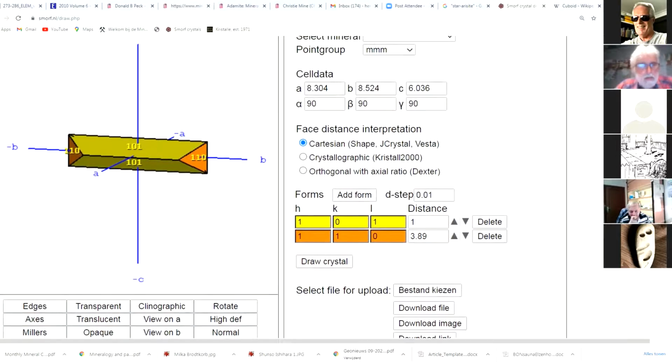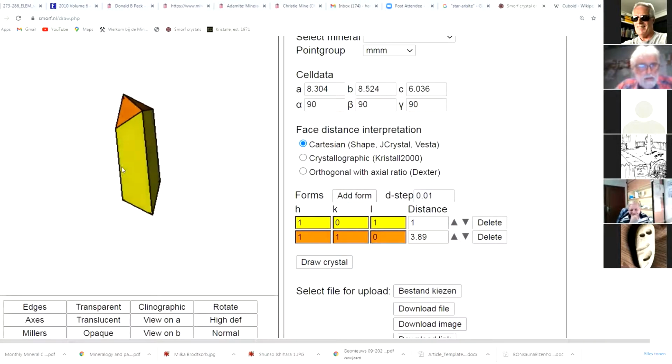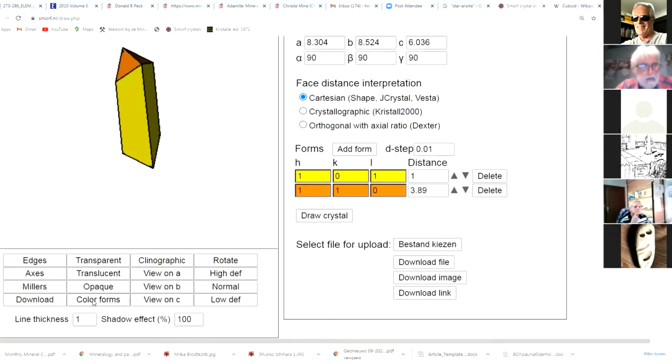Normally what I do, whenever I'm ready with the crystal drawing and I'm happy with what I made, is this Crystallographic, and let's make it transparent.